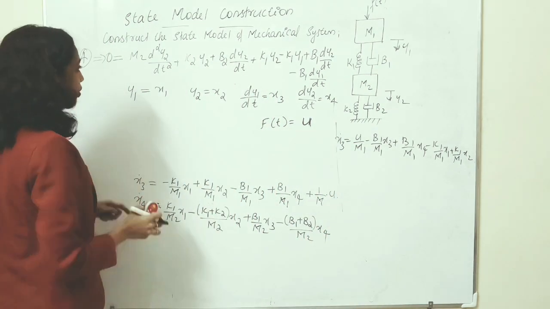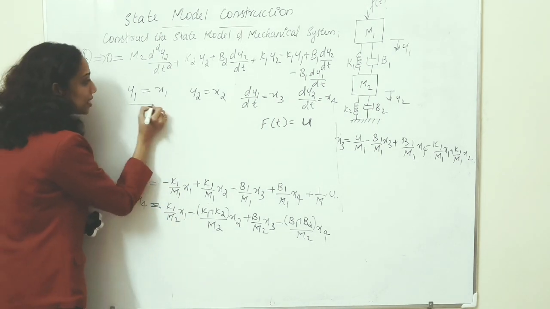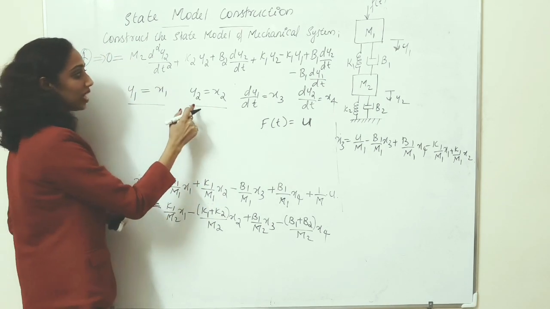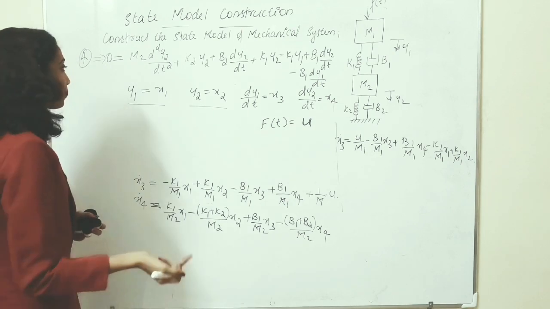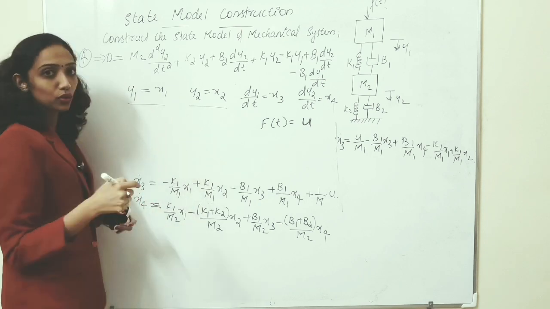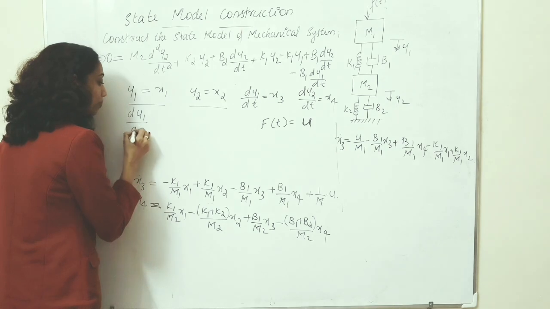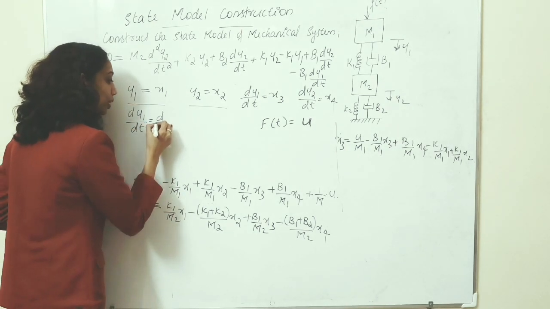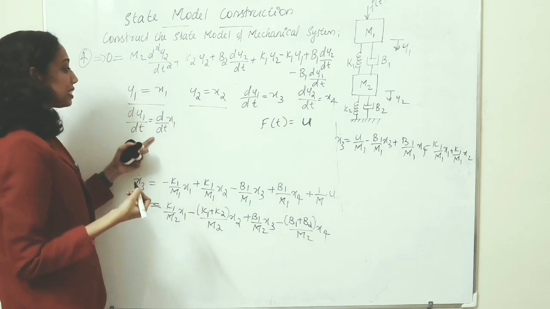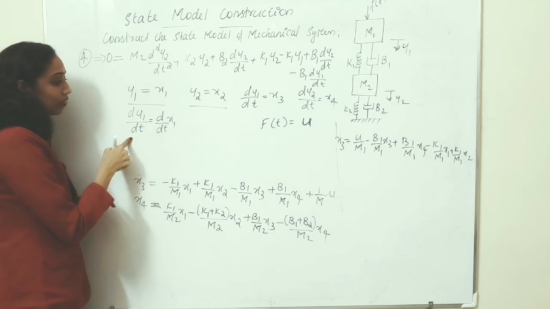We want to find out x1 dot and x2 dot. For this, I assign the state variables firstly as y1 is equal to x1 and y2 is equal to x2. By taking the derivative of y1 and y2, what would we get? dy1 by dt is equal to d by dt of x1, which is dx1 by dt.